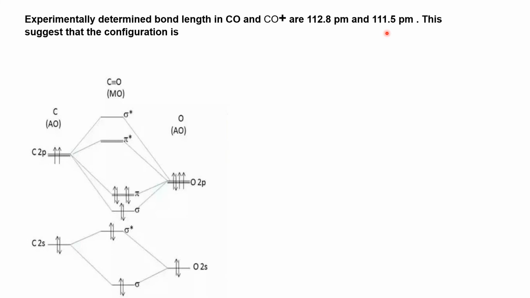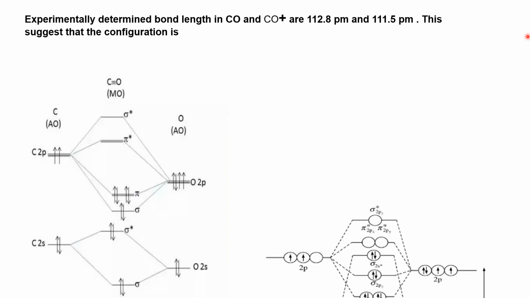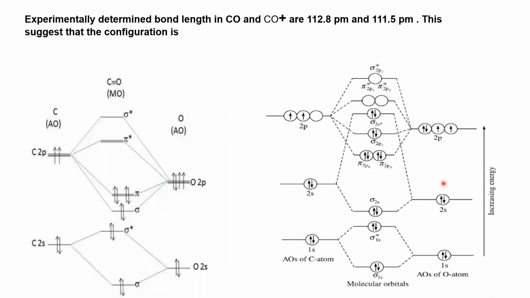If the bond order decreases, here the electron has to be lost from the antibonding orbital. Okay? So, this configuration has to be changed. That means this is the modified MO picture.